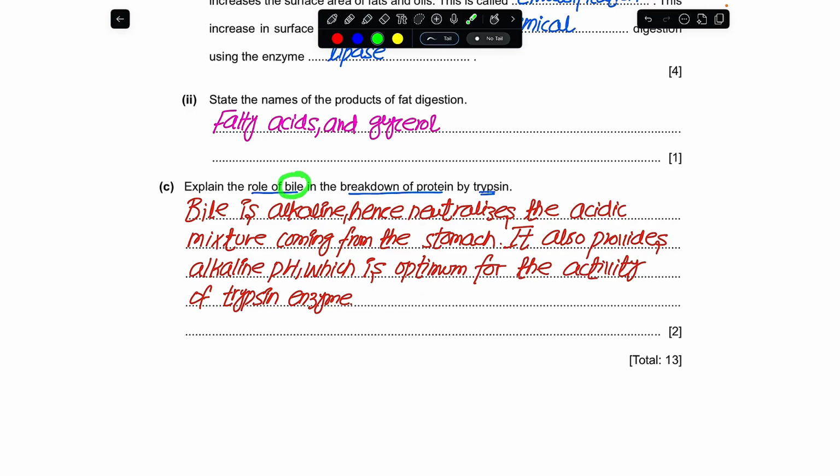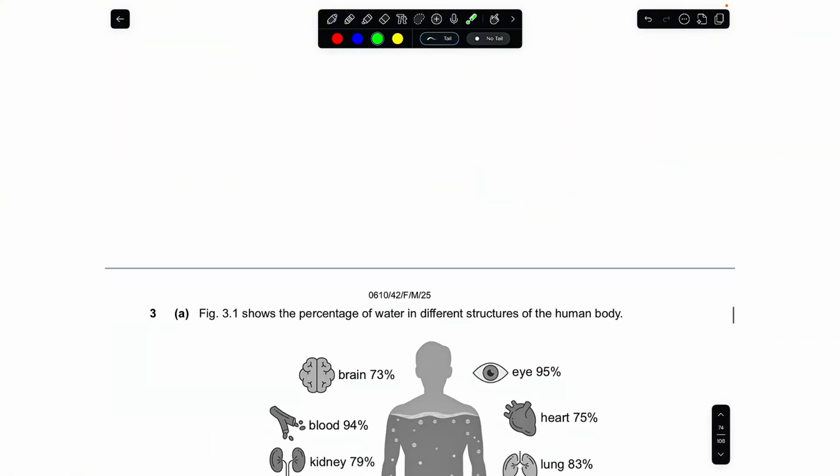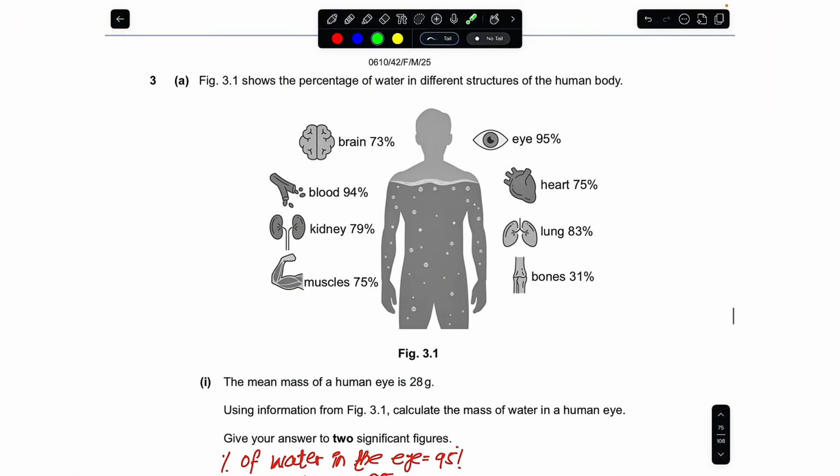So when the bile comes into the small intestine, it would neutralize the acidic mixture that has come from the stomach, and by that, it would provide the alkaline pH, and that alkaline pH would allow for the optimum activity of the trypsin enzyme.